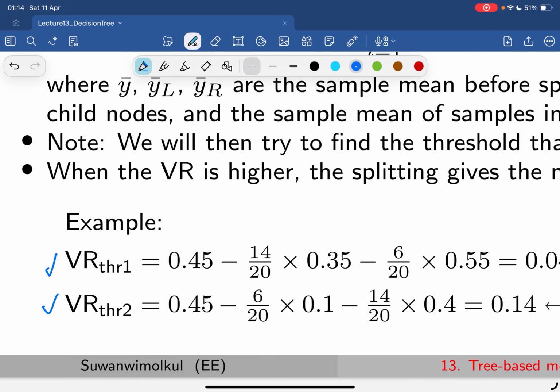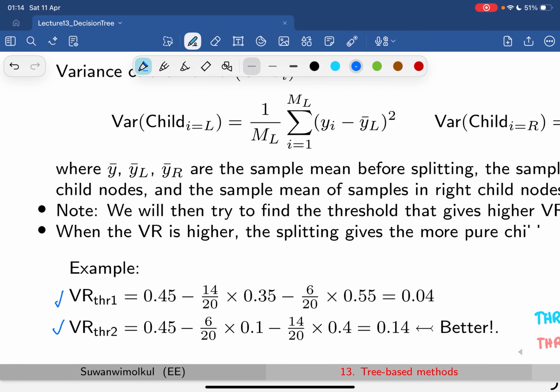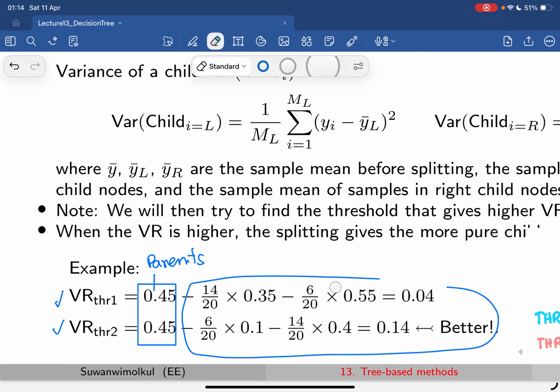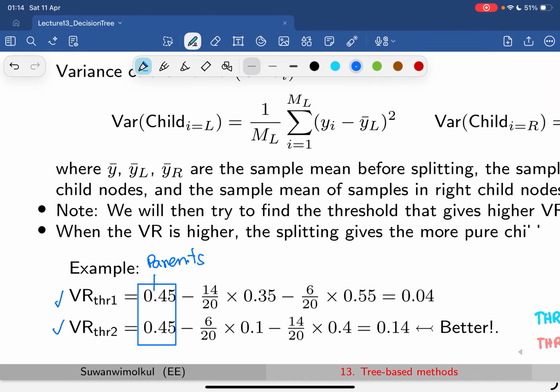For this, I give you this example. Here, the 0.45 is the variance of the parent. And these two are more like two variations of how you want to divide your child. There's option A, or maybe option 1, which gives you some reduction of 0.04, versus the other one, which gives you a higher reduction of 0.14.